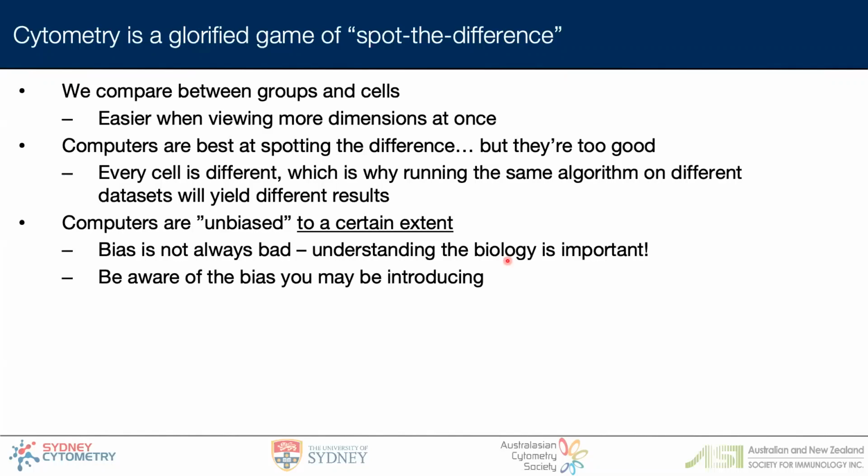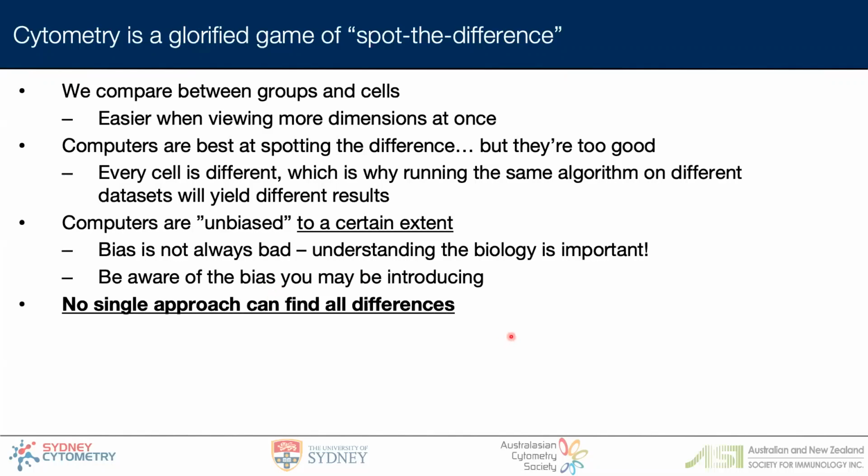There are multiple other cases like this, but it is just about being aware that almost every decision we make will be introducing some bias of some sort. And this is where it's more important to be aware of how that may be influencing, in particular, the output results of these computational algorithms. And the other thing here is that no single approach will ever be able to find all the differences that we're looking for.